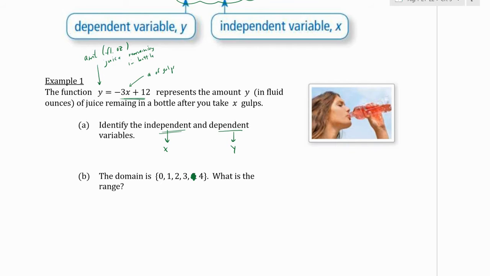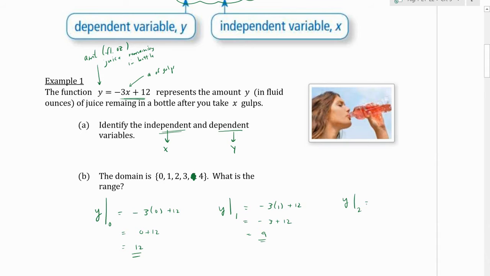What's the range? So here's how people write it. I want to know what y is when I plug a 0 in. So I get 0 plus 12. So one of my output values, there's 12 fluid ounces left in that bottle when I start. When I take 1 gulp, I'm going to have 9 fluid ounces left.